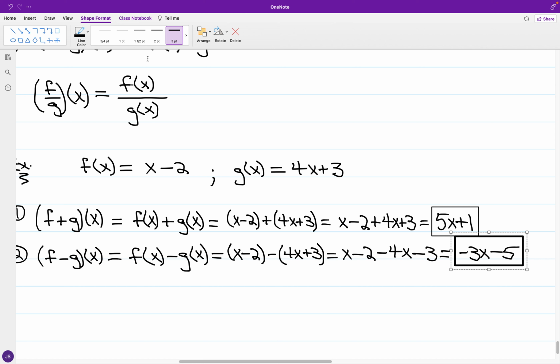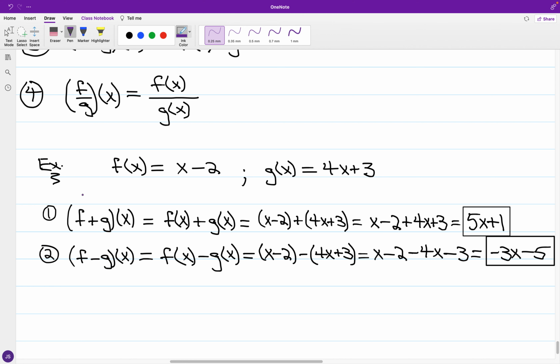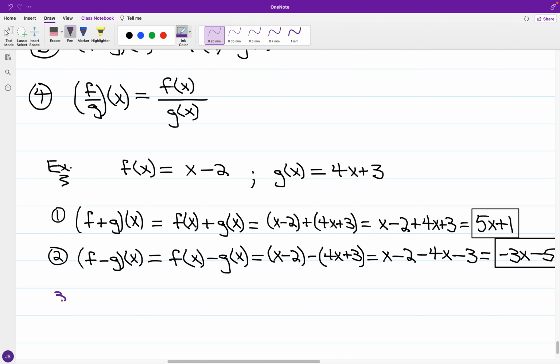Now let's say I change it up. What if I were to switch the order, and say I had g minus f of x.